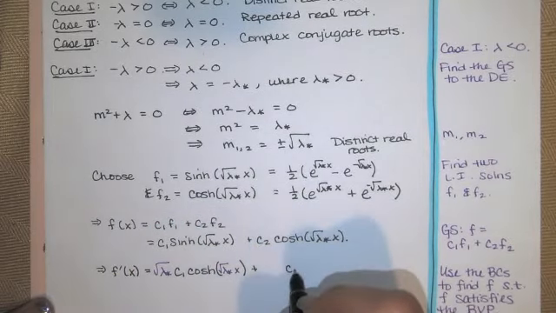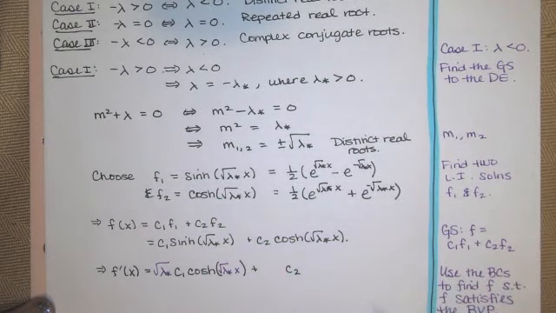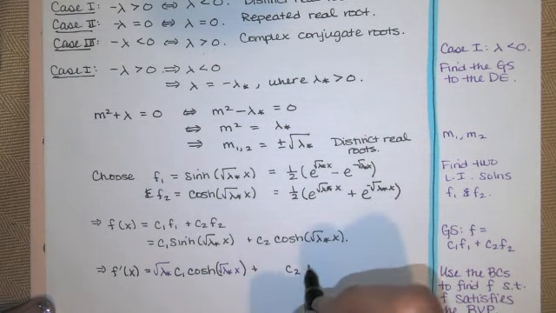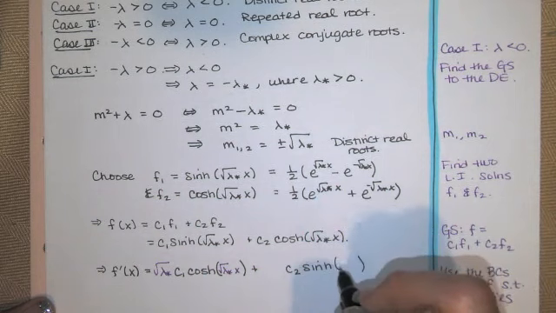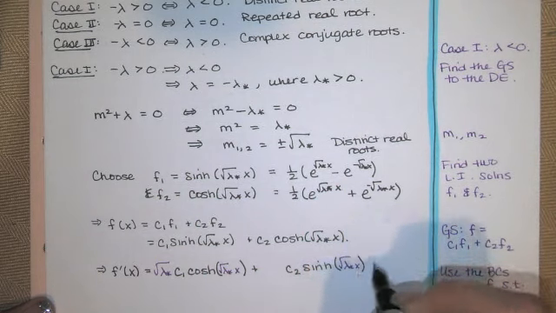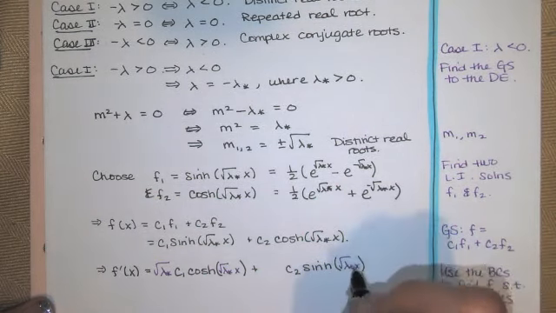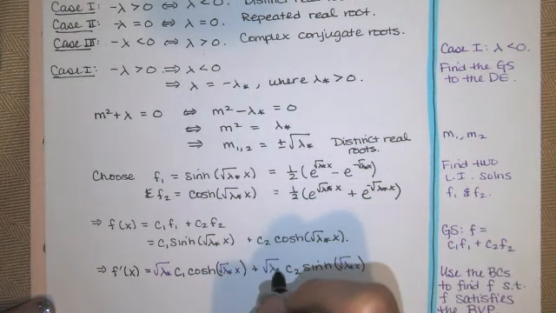Then we add, bring that C2 down, and we multiply by the derivative of the hyperbolic cosine. The derivative of hyperbolic cosine is hyperbolic sine of the inside function times the derivative of the inside. The derivative of a constant times x is just the constant.